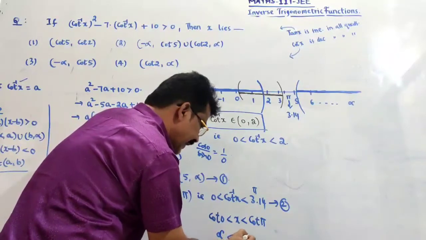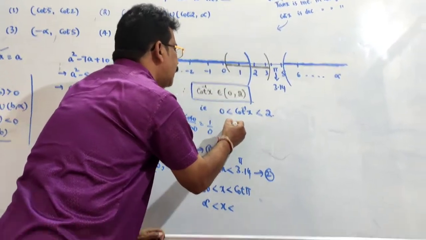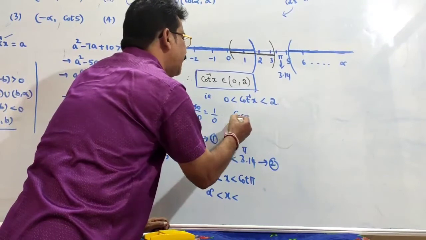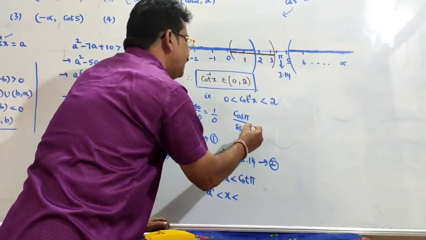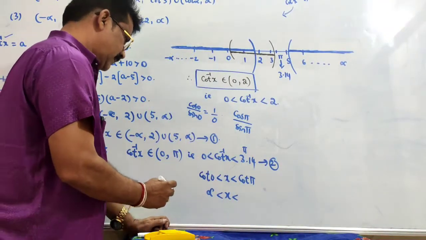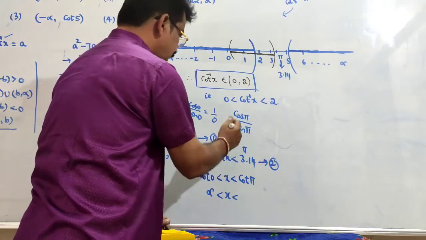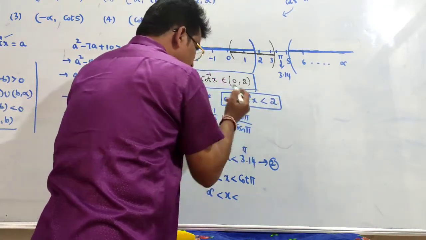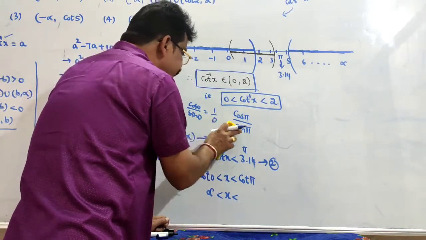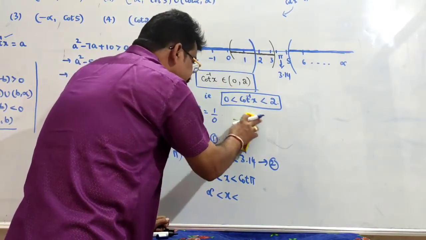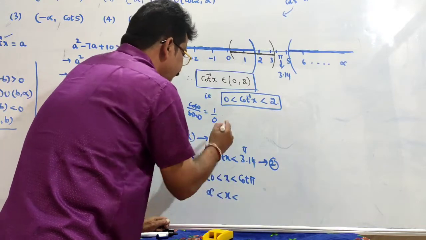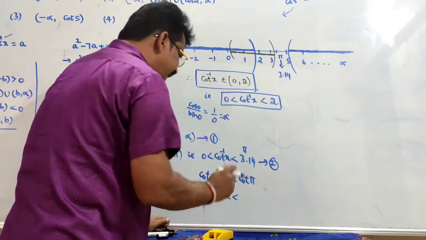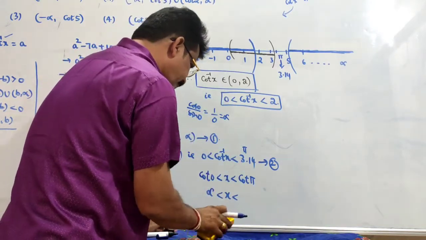Cot pi means cos pi divided by sin pi. But here we are having 0 to 2. Cos 0 means 1 by 0, infinity.